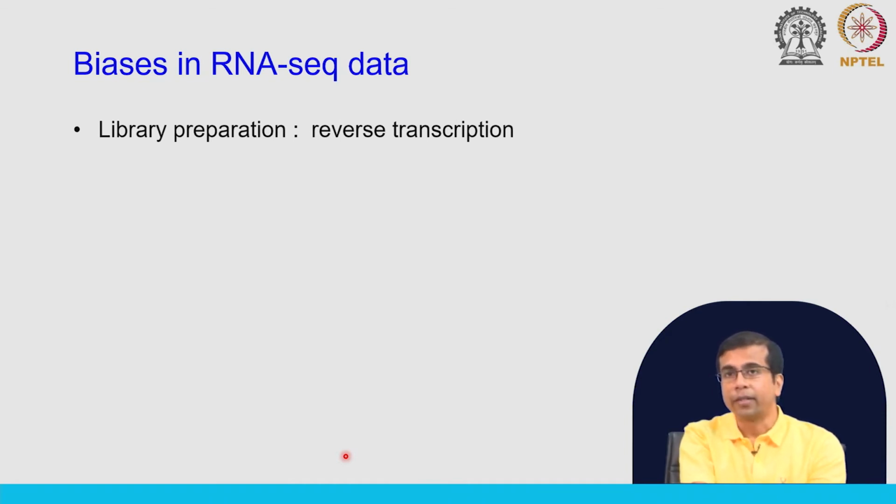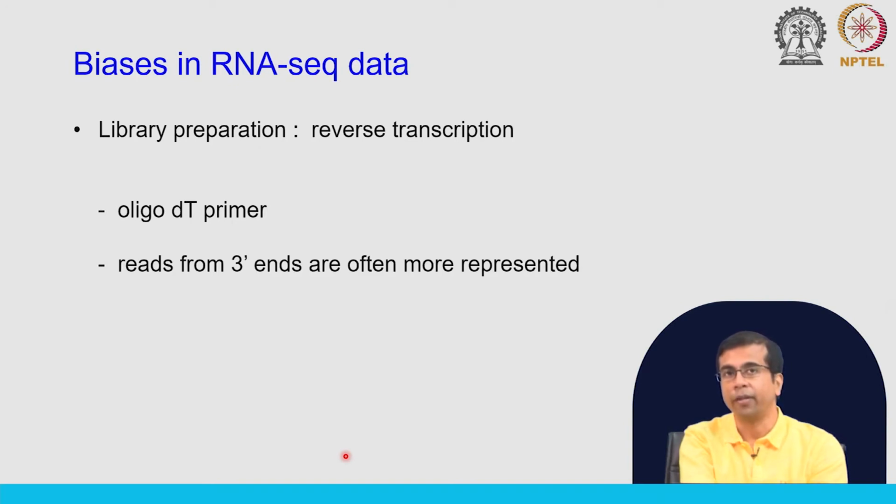Then we have the reverse transcription, right. For many library preparation steps, we need to do the reverse transcription, except probably the direct RNA sequencing that we have talked about. In reverse transcription, the earlier researchers used this oligo-dT primer, where they are looking at the poly A tail. These primers will bind at the poly A tail.